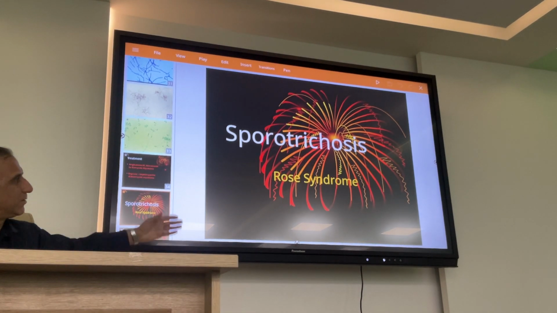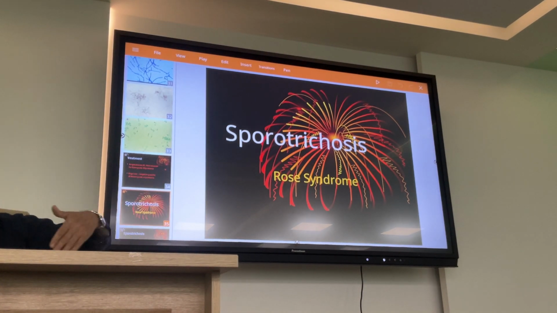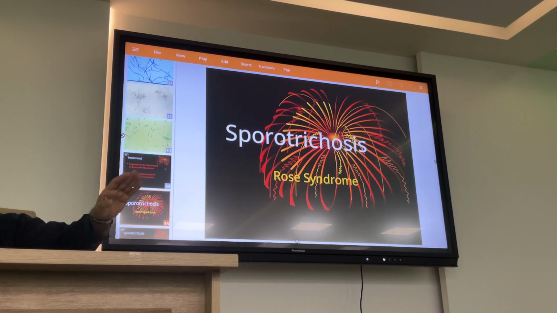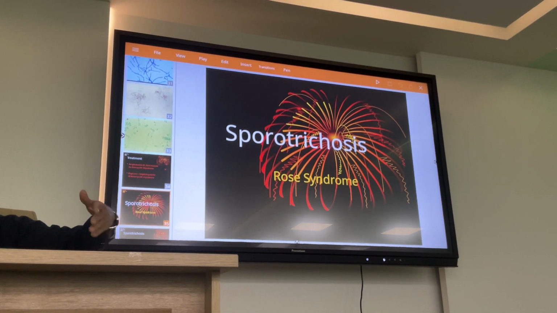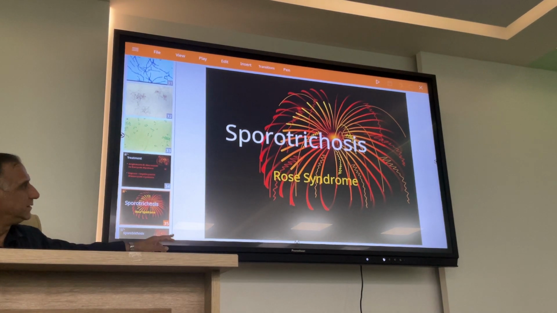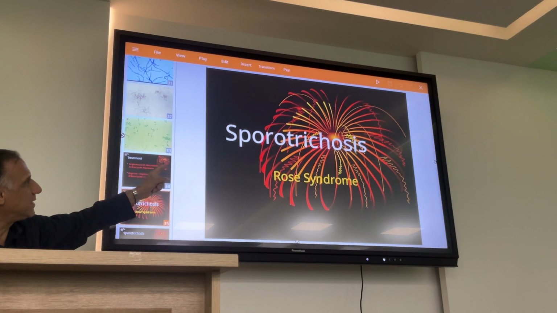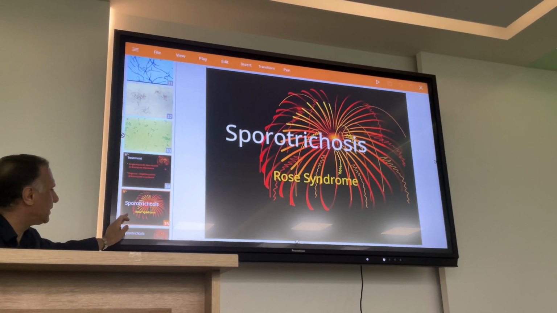At first, the man who worked with rose flowers had a finger injury, and routine treatment did not work. Rose syndrome is a synonym of sporotrichosis.